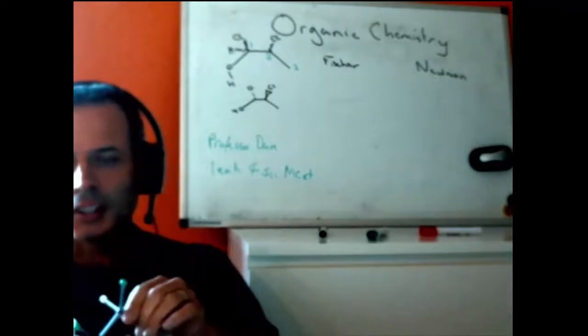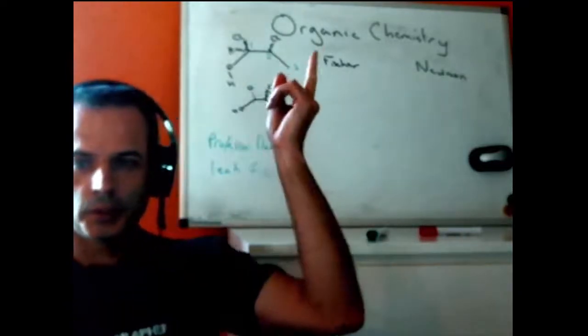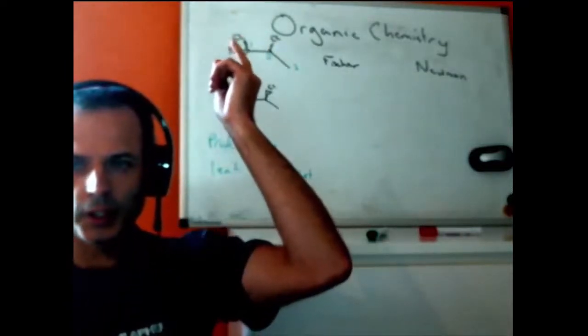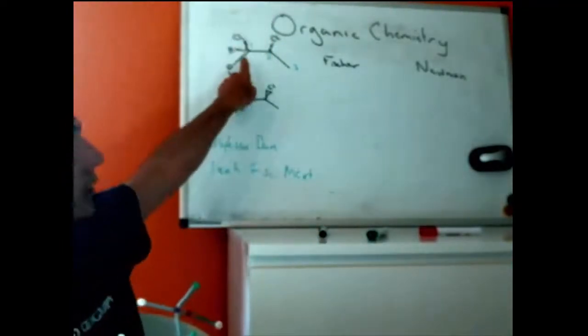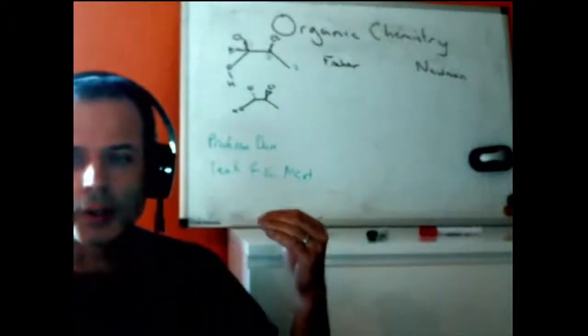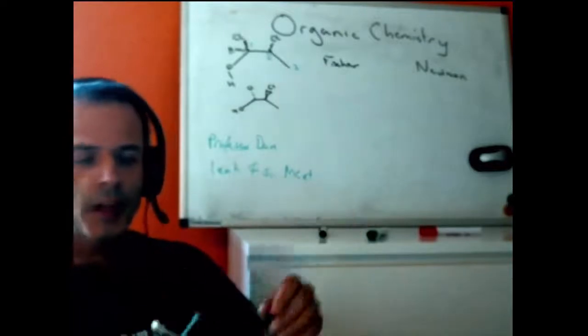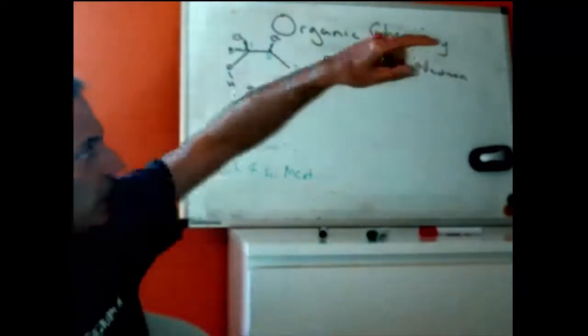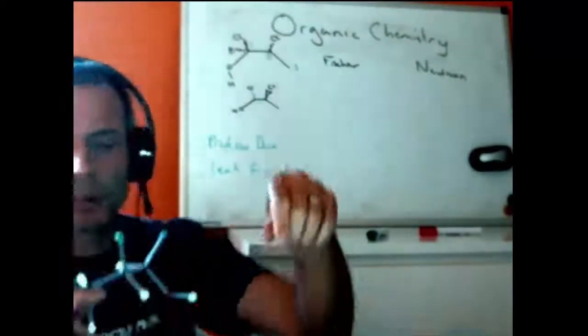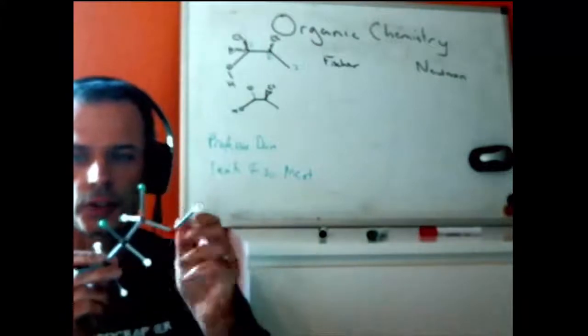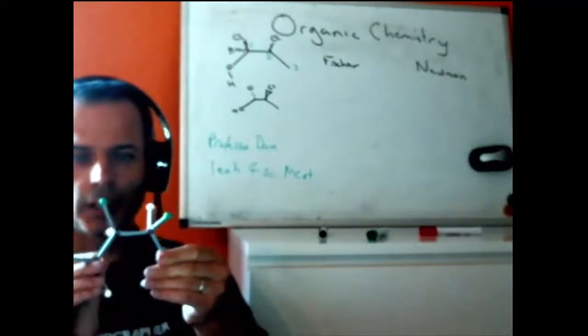If we look at it closer, we can see that I've drawn the top one with wiggly lines to show that I'm not decided whether they're up or down yet. The bottom diagram without the hydrogens on is the actual form that I've got in my hand.